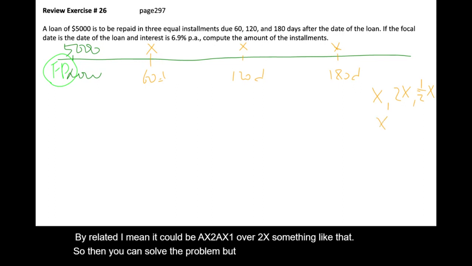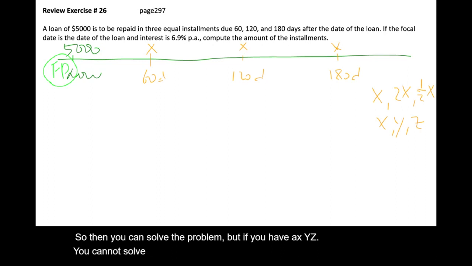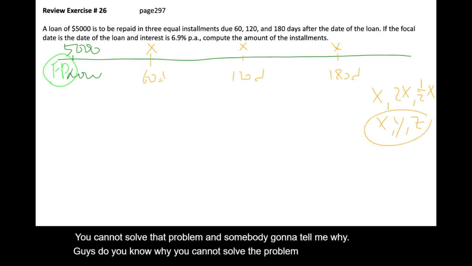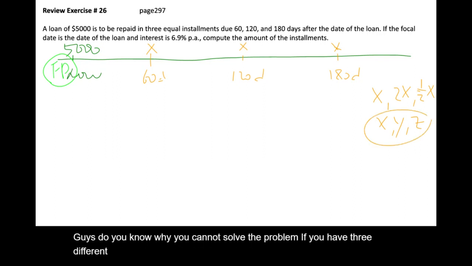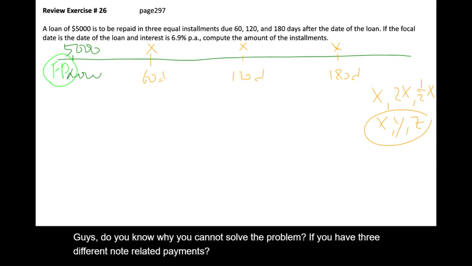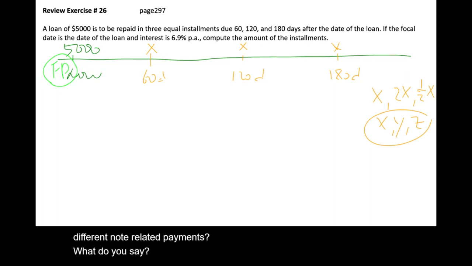But if you have x, y, z, you cannot solve that problem. And somebody gonna tell me why? Guys, do you know why you cannot solve the problem if you have 3 different not related payments? What do you say? Well, if you don't know, say I don't know.